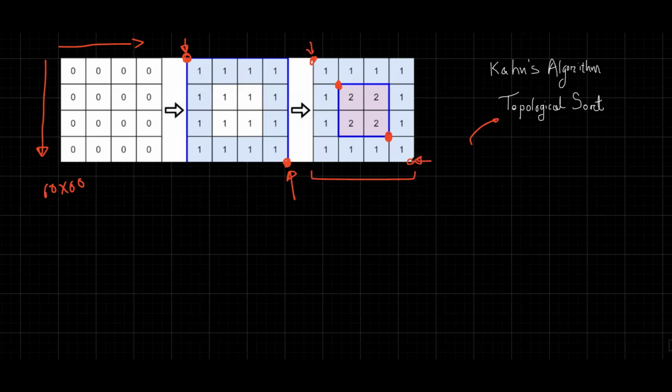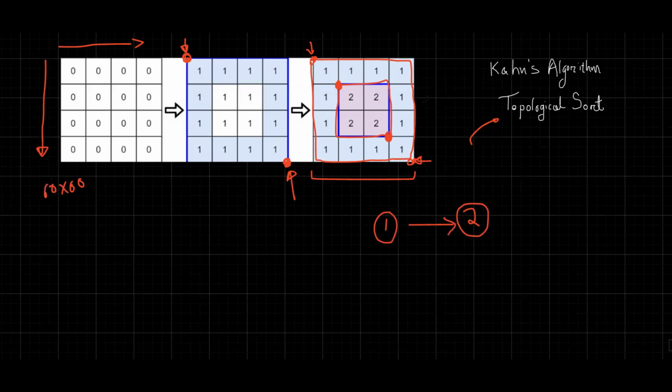Now here we have seen that in this rectangle, except for the color 1, we have found the color 2 again. So here we can tell that color 2 is dependent on the color 1. This is the basic intuition.